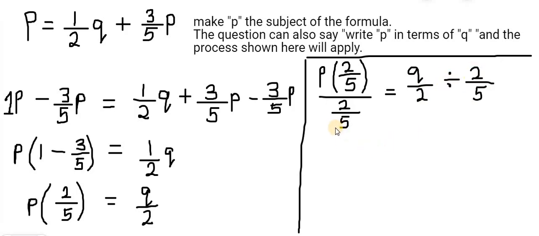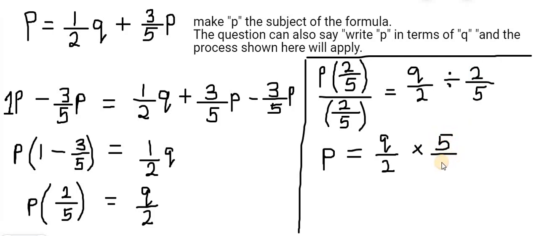Now, on the left, you can put a bracket if you want, or you can take it off. 2 over 5 at the top and 2 over 5 at the bottom cancel each other out, and p is left. And on the right, how do we divide q over 2? We change the division sign to a multiplication sign, and as a result, we flip the second fraction, which is also a way of saying we write the reciprocal. Flipping a fraction is writing the reciprocal. So that's 5 over 2.